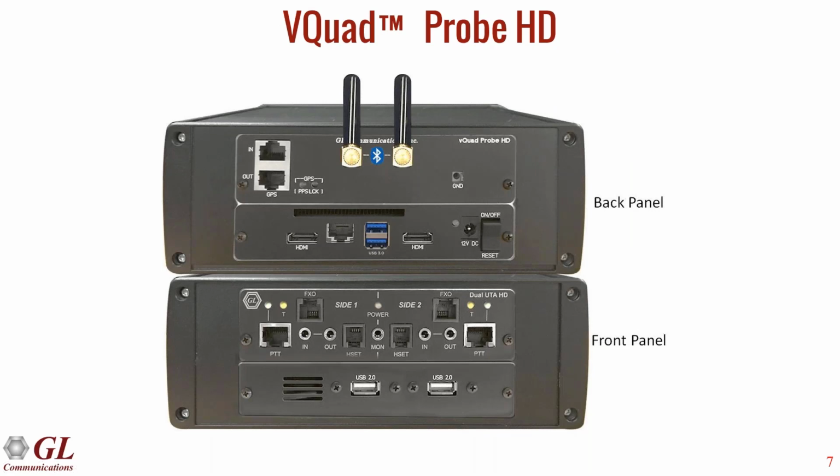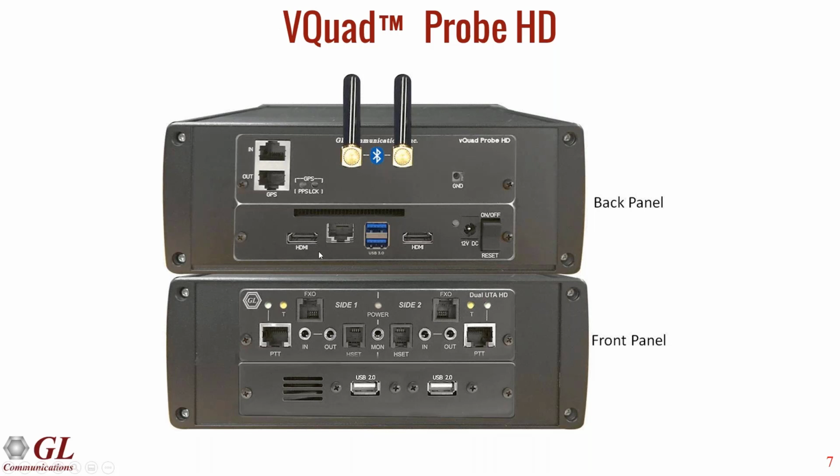Here's some other platforms that we can use with the dual UTA. So this is our portable. We call it VQuad Probe HD. So the dual UTA is on the top of this, and on the bottom is a full PC. This is an Intel motherboard that will run the system, run the VQuad software and control the dual UTA.